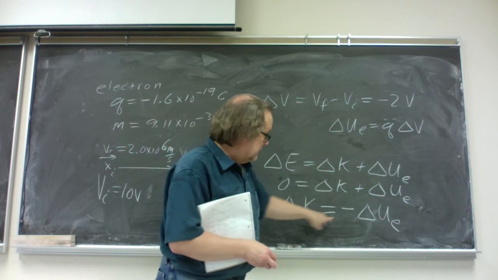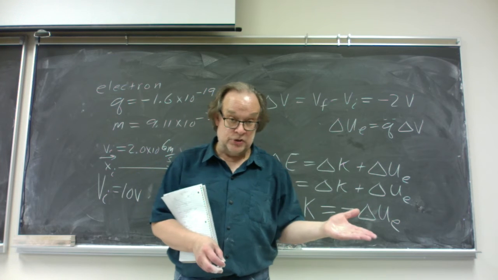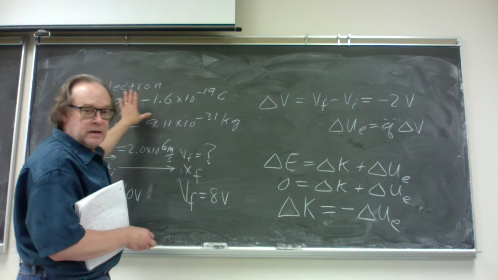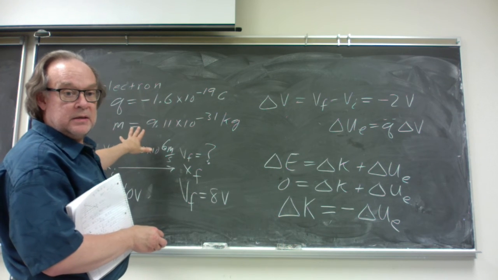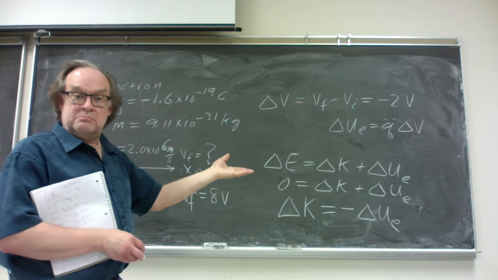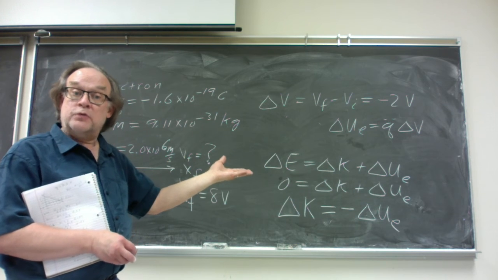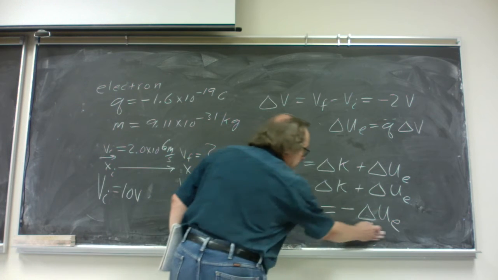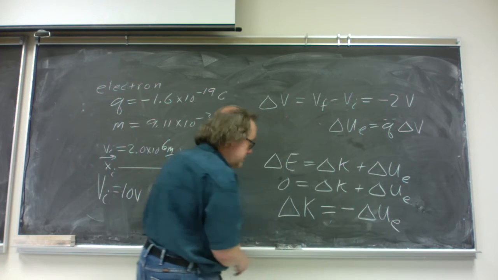That will immediately tell us what the change in kinetic energy is. And since we know the mass and the initial speed, that's enough to figure out what the final speed is. So let's see what that looks like. Let's just write this out in complete detail first.